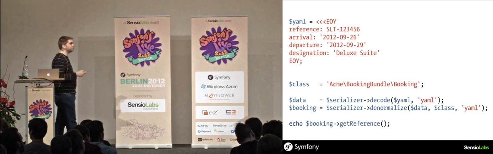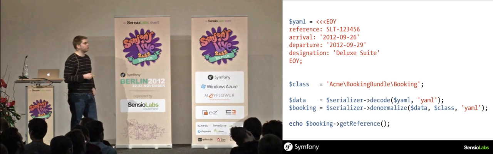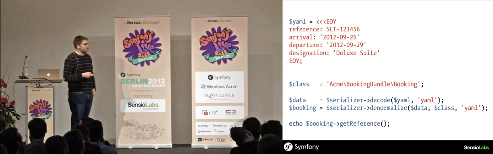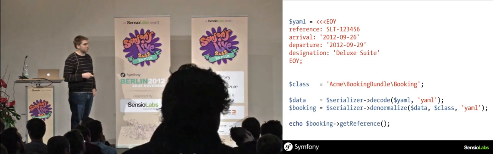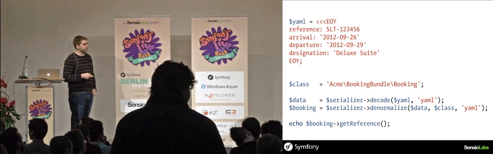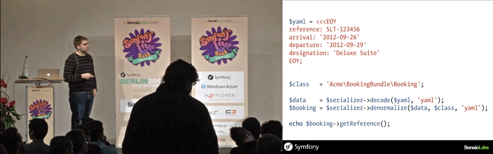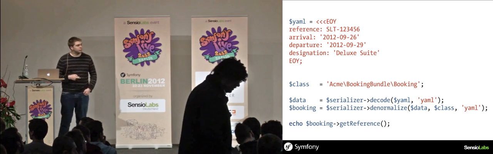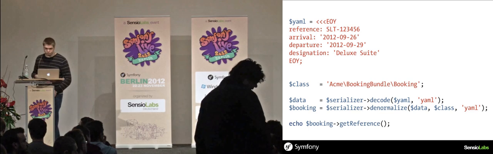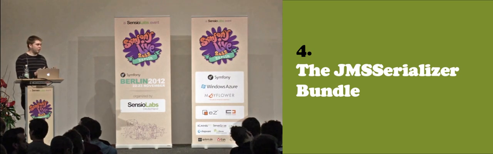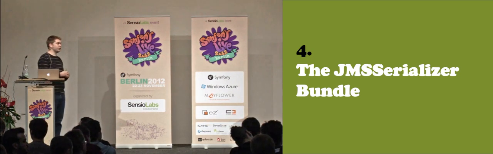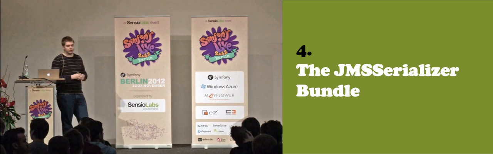So if I come with some YAML string, I will denormalize this PHP array, and I will ask to have an Acme booking bundle booking object. So this is how the serializer component works by default in Symfony.